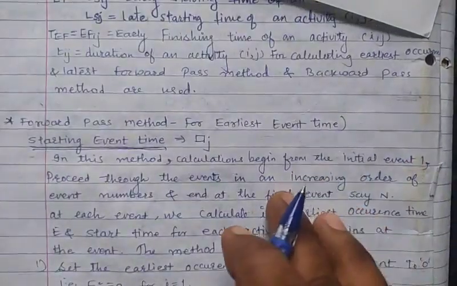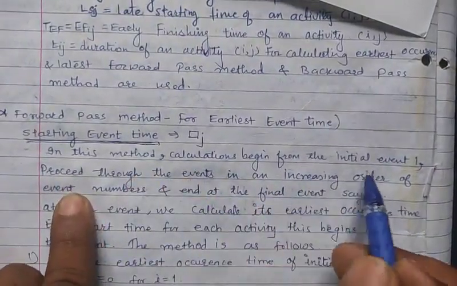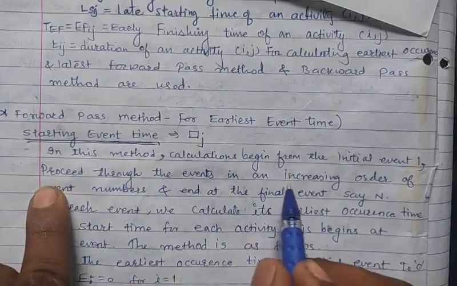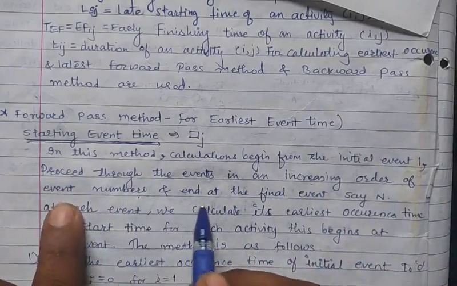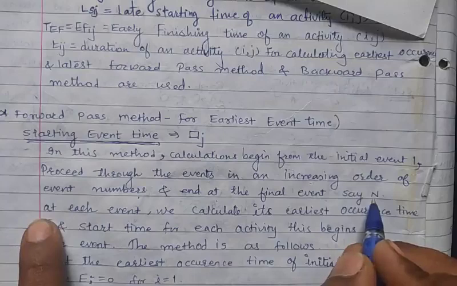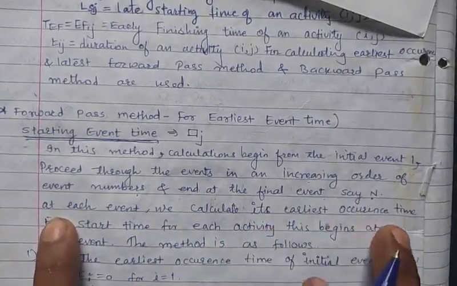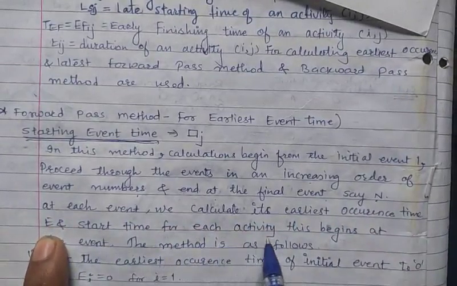In this method calculations begin from the initial event 1, proceed through the events in increasing order of event numbers and end at the final event, say n. At each event we calculate its earliest occurrence time E and start time for each activity.